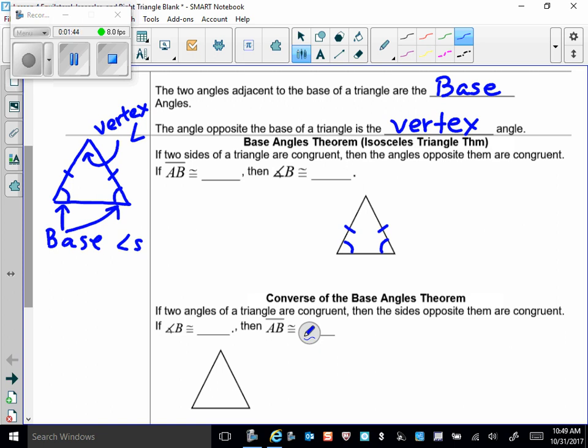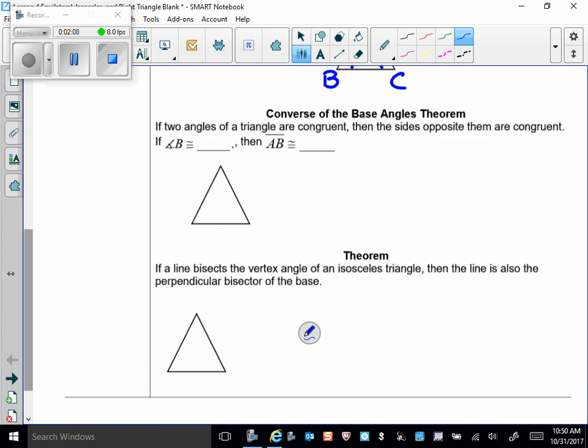So let's see here. If we've got triangle ABC, if AB is congruent to AC, then angle B would be congruent to angle C. If two sides of a triangle are congruent, then the angles opposite them are also congruent.